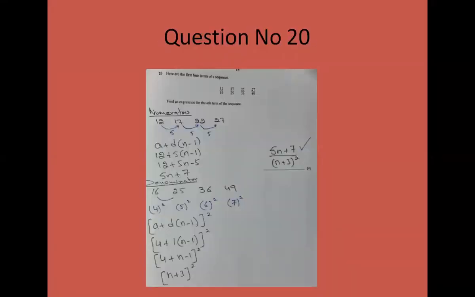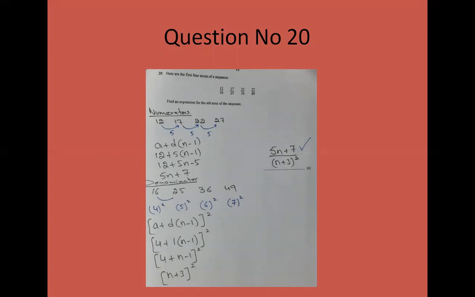So on your screen, you can see I have written the numerators. The numerator sequence is 12, 17, 22, 27, and you can see that the difference between each term is 5. When the difference is the same each time, I can find the nth term by using this formula: a plus d into (n minus 1), where a means the first term of the sequence and d means the difference which you are adding or subtracting.